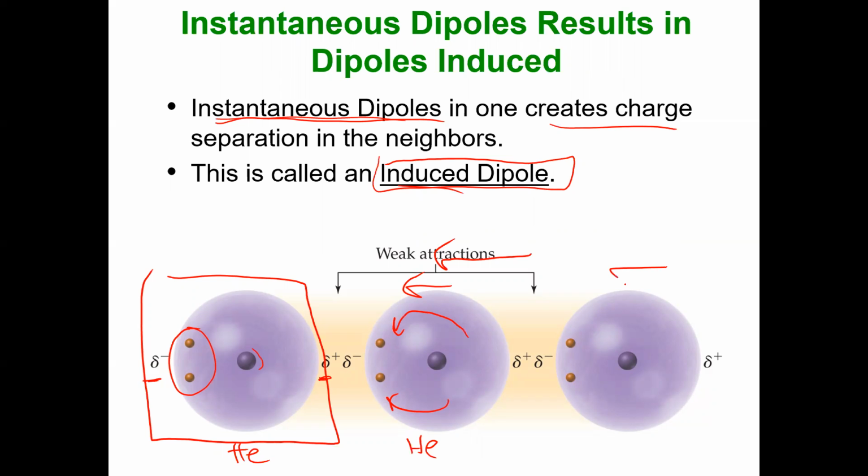And then if another one approaches, the same thing, the electrons are going to move towards the neighbor's positive induced dipole. So that's an induced dipole. We started with an instantaneous dipole here, which forces a neighboring atom to create an induced, temporary dipole at that time.